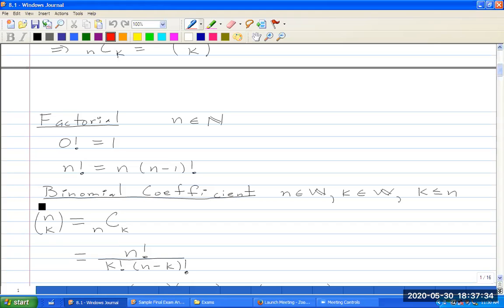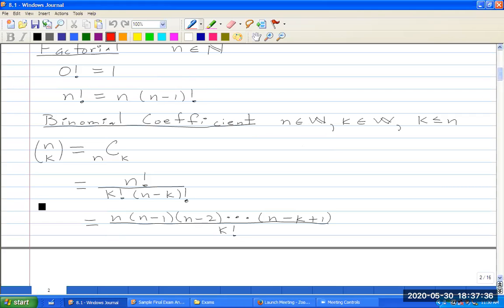We will also define the binomial coefficient as, well, sort of our simplifying formula. It's just n times n minus 1 times n minus 2 times dot, dot, dot, n minus k plus 1. So I'm just multiplying these k terms together over k factorial.